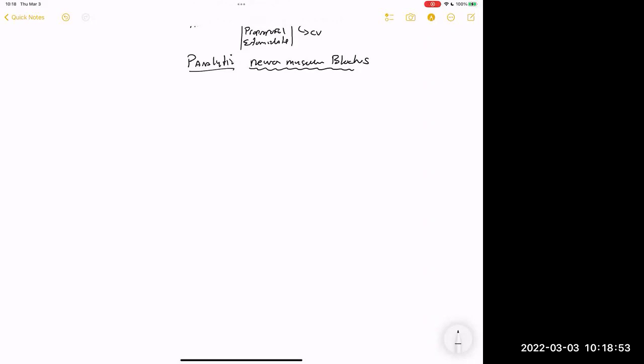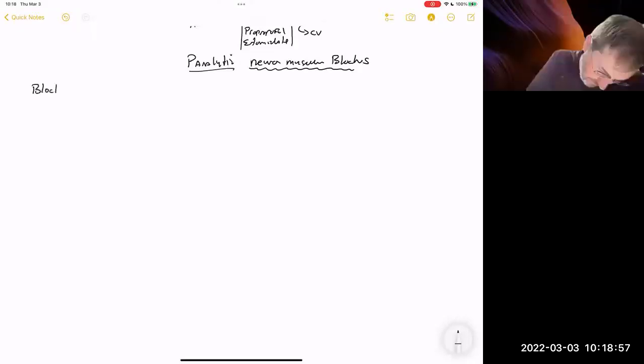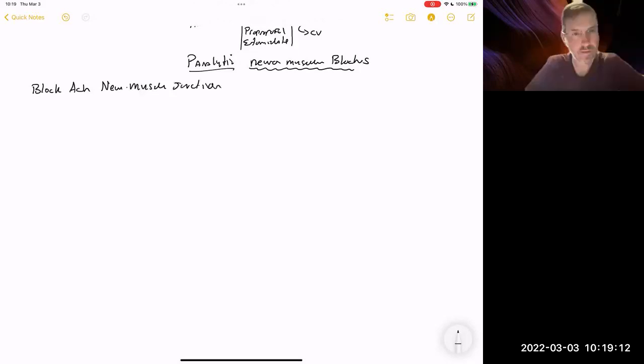So the paralytics, the neuromuscular blockers, are agents that block acetylcholine receptors in the neuromuscular junction in your muscle. They don't block all acetylcholine receptors, but they target the nicotinic M receptors specifically.